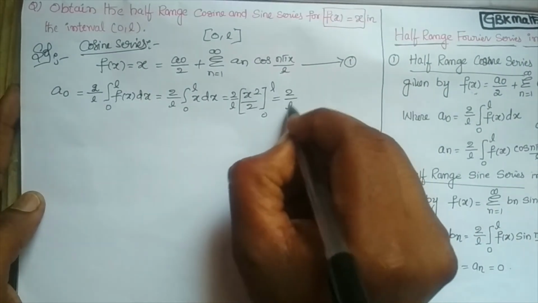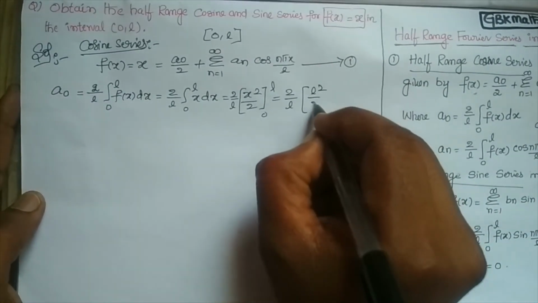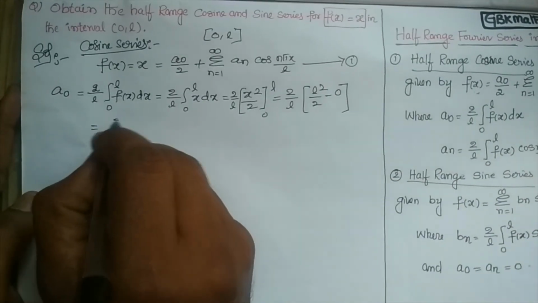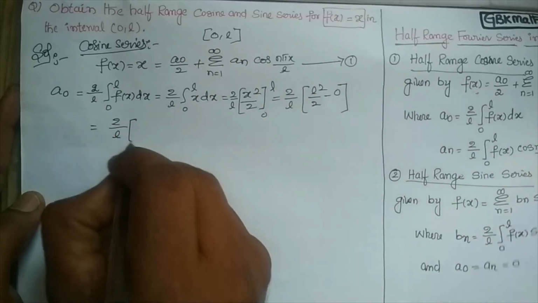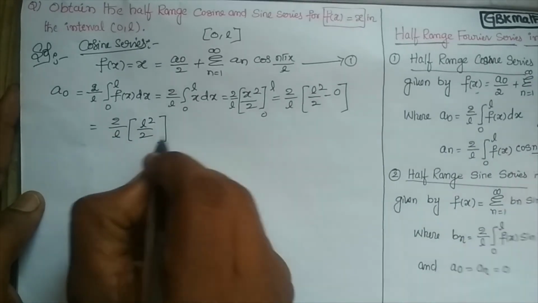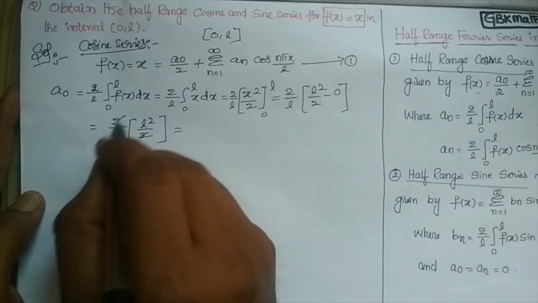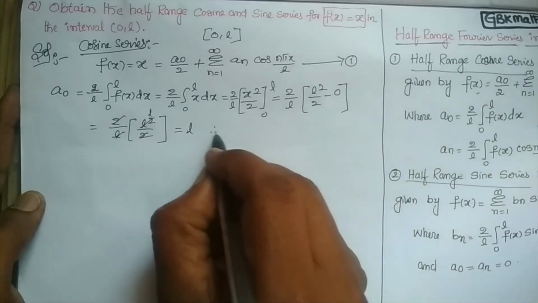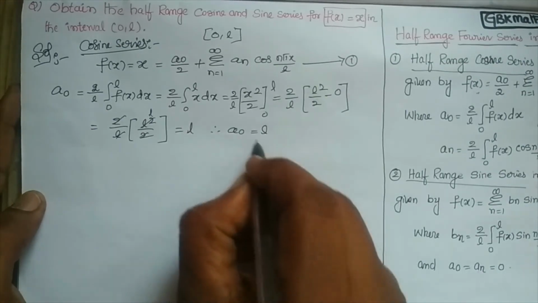Then 2 by L into L square by 2 minus 0, the second limit. Simplifying, L and L cancel, 2 cancels, so only L remains. Therefore a0 is equal to L.